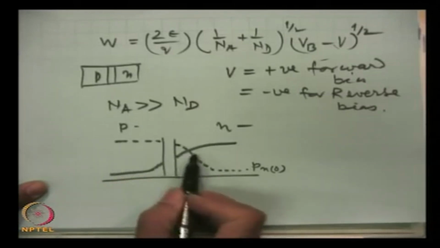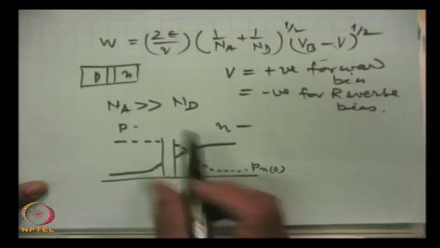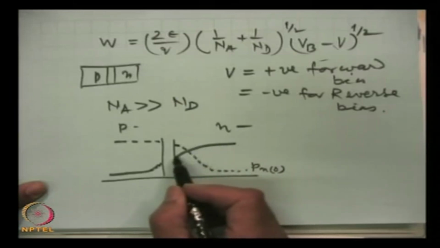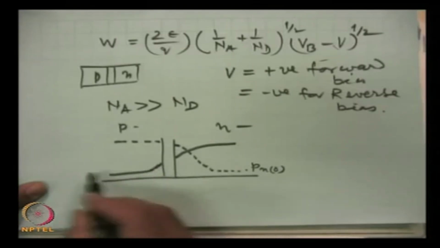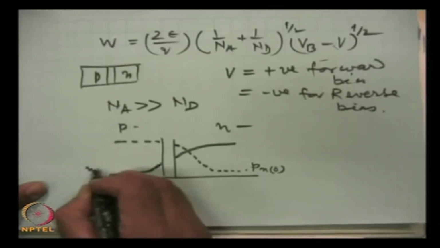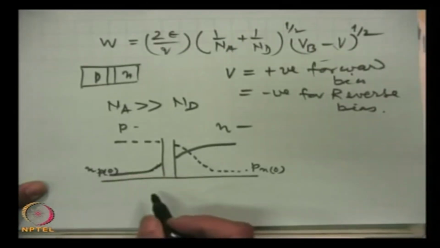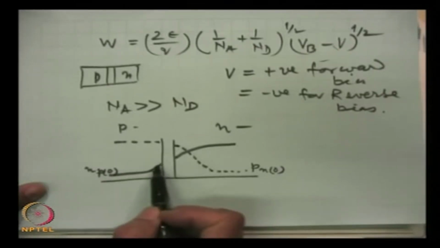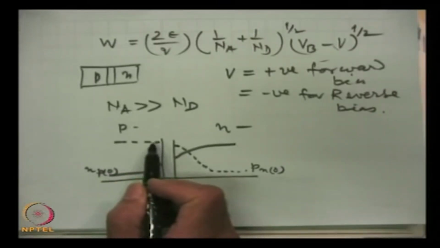Hole current here is mainly diffusion. This is the electron current, which are in minority. Electrons will drift here and then they will be dragged, and finally it will settle at the electron concentration in the P region in thermal equilibrium. And because of this recombination, in this region holes will also drift.